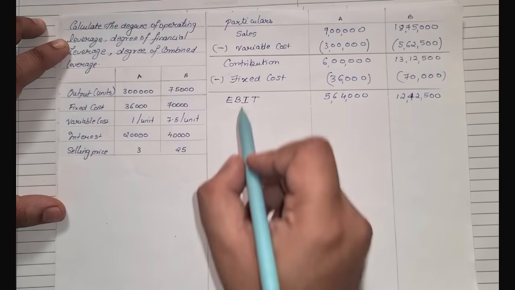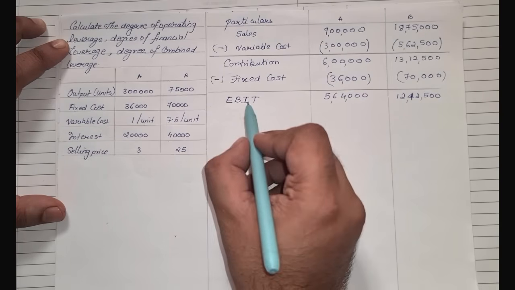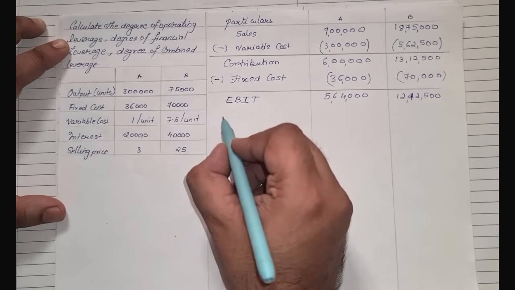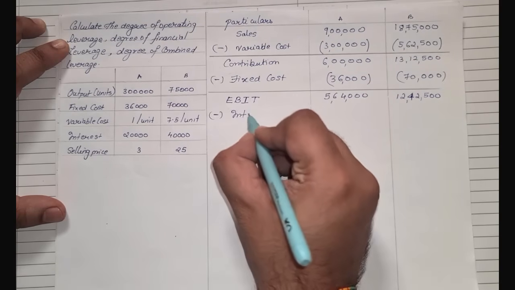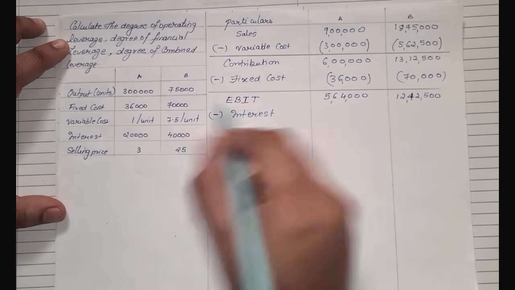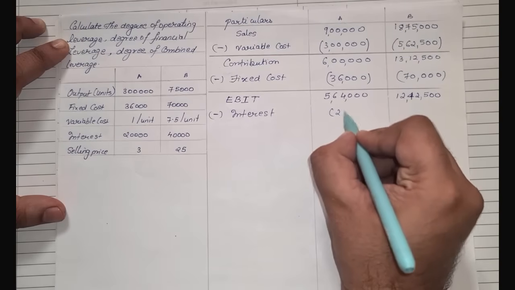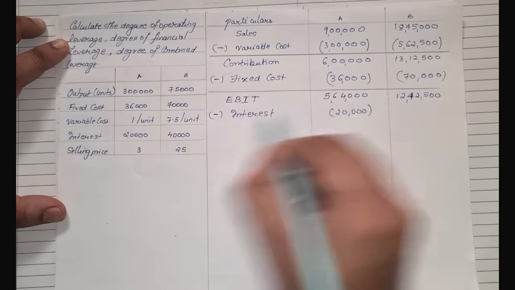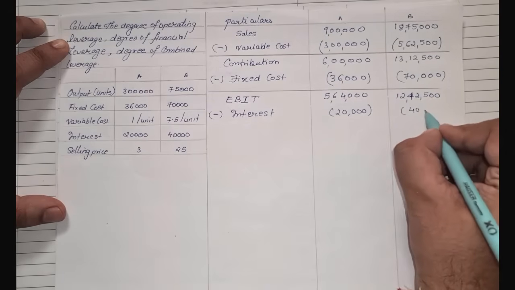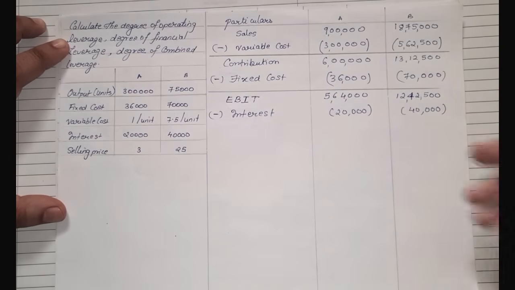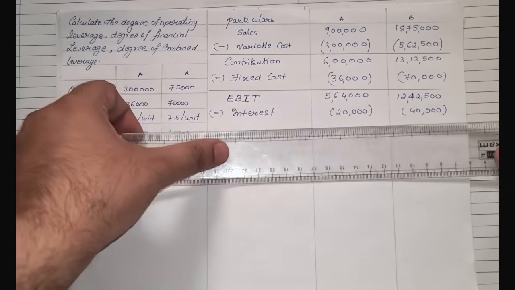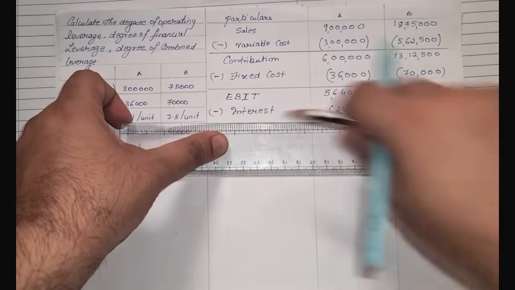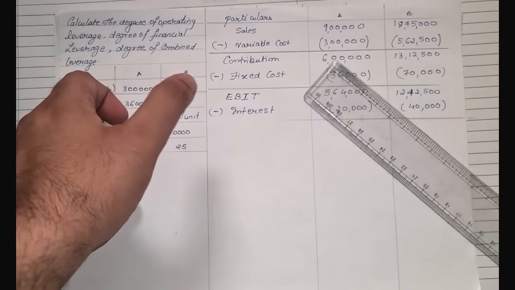After getting earning before interest and tax, since it is before interest, the next heading will be less interest. Interest is given in the question as 20,000 for A, so it will be negative 20,000 in our format, and 40,000 for B, so here again it will be negative 40,000 because we have to subtract it. Again we'll prepare a line.